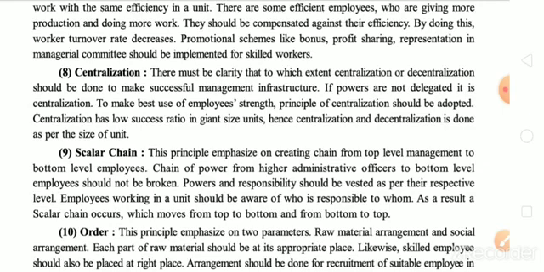Here, Henry Fayol is in favor of this, because in centralization, each and everything is decided by top level management. They decide the job role, job authority, working conditions, targets, everything.